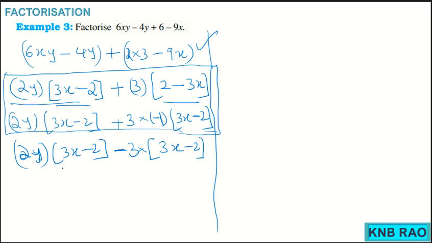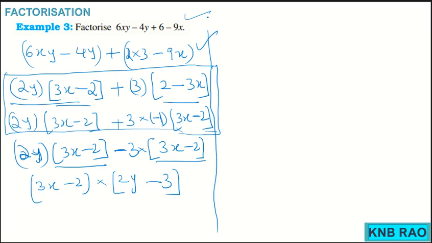Now, are they the same now, 3x minus 2? Yes, so 3x minus 2 I took out common, into another binomial, where the leftover term is 2y and the leftover term is minus 3. So, whenever we do regrouping of terms, we get a binomial coming out as a factor, and there won't be anything common for all the terms.